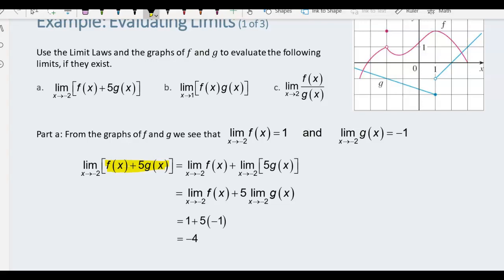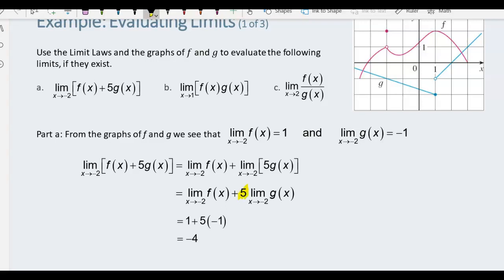That sum rule that we saw on the last slide says that we can separate this into two separate limits. I'm separating it into the limit of f of x and the limit of 5 times g of x. So the first thing I do is separate them. The second thing I'm going to do is take that 5, which is a constant, and bring it out into the front.